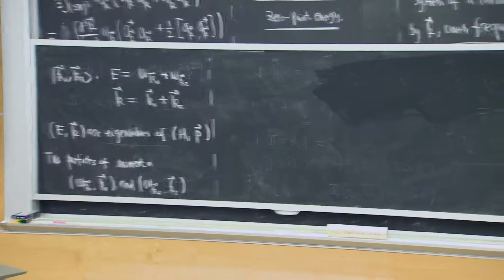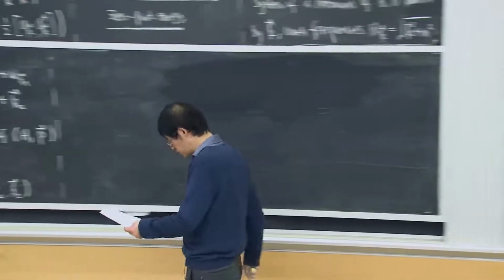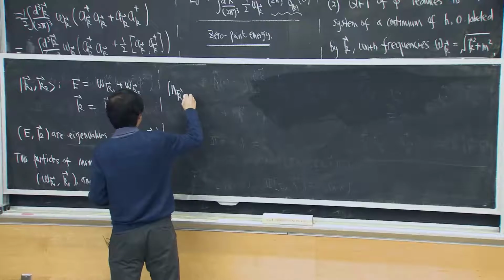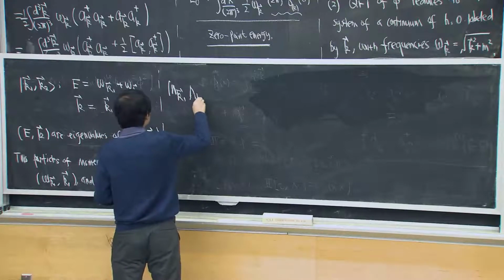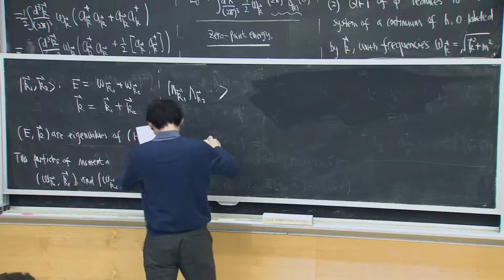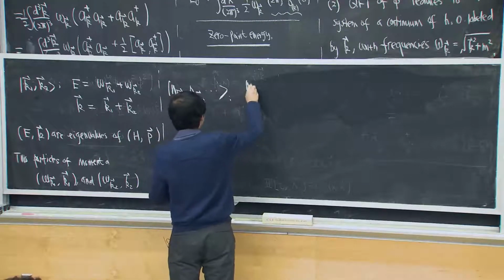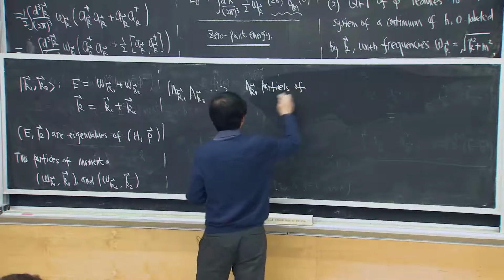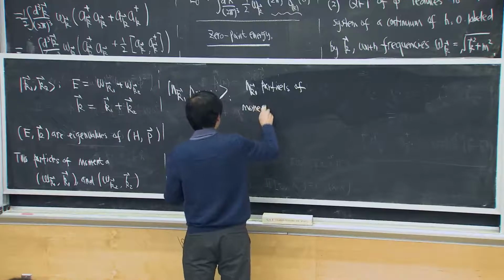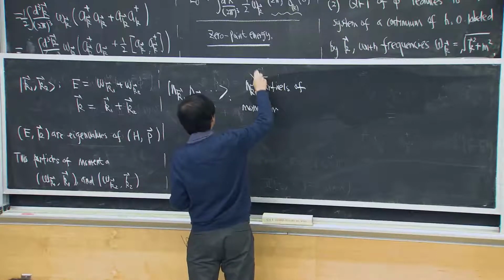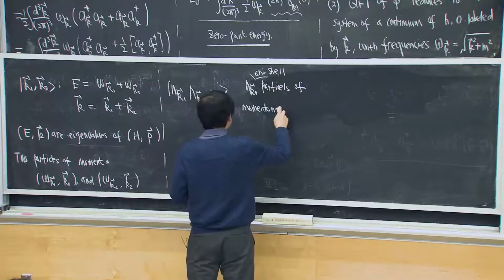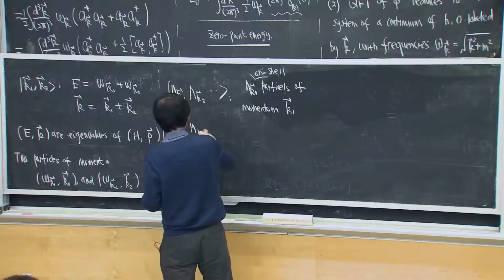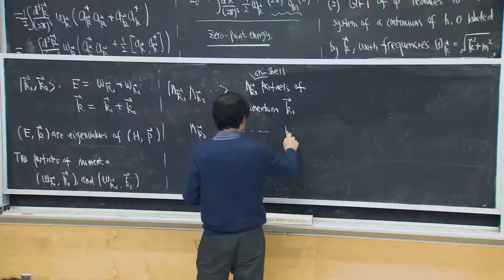They are all eigenvectors of H and P. So n_k1, n_k2, and so on. So this corresponds to n_k1 particles of momentum, they're all on shell, on shell particles of momentum k1. And n_k2 particles of momentum k2.